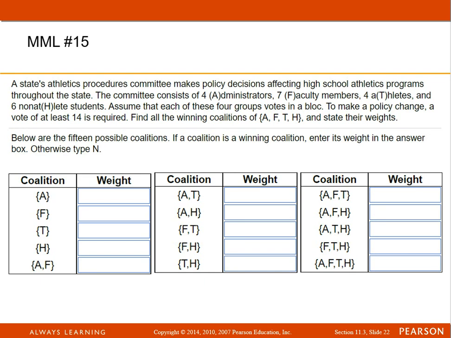All right, number 15. The State's Athletics Procedures Committee makes policy decisions affecting high school athletic programs throughout the state.